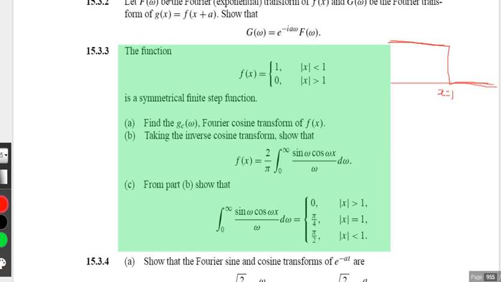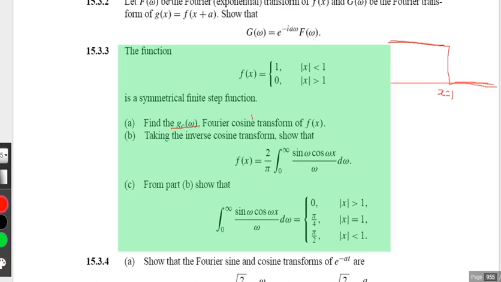Now we are required to find the Fourier cosine transform of f of x, that is gc of omega, and then taking the inverse cosine transform, show that f of x is 2 by pi integral 0 to infinity sine omega cos omega x by omega d omega. So first the cosine transform, then the inverse cosine transform is equal to this much, to be proved.